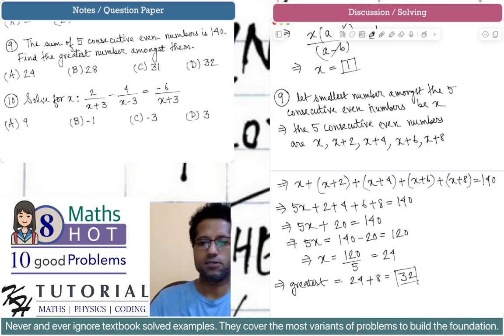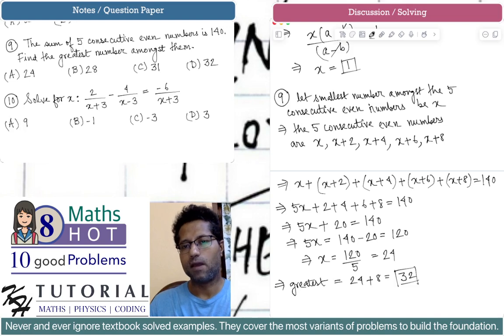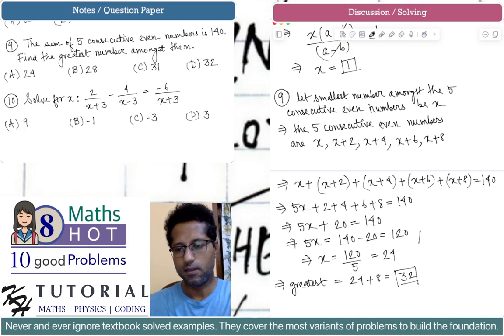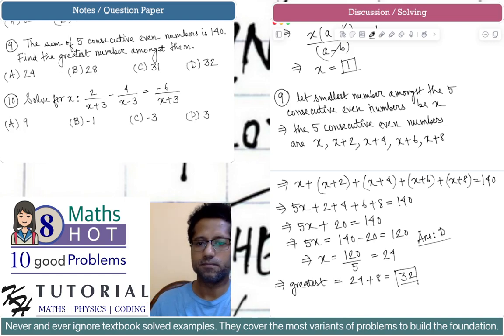So 32 is the greatest even number amongst the 5 consecutive even numbers whose sum is 140, and hence the correct choice is D. D is the correct choice.